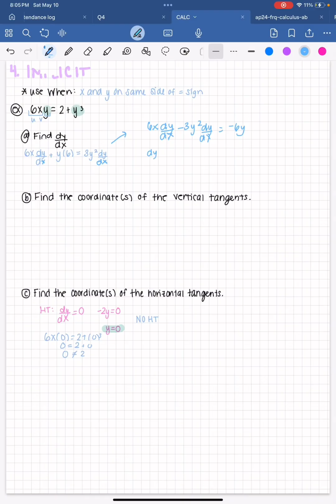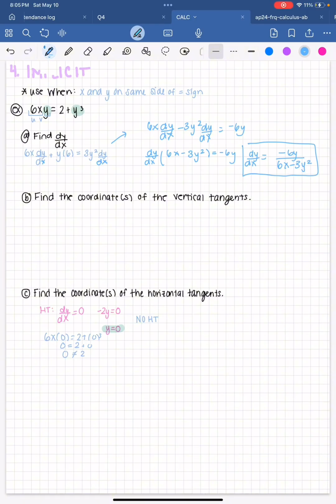You're going to factor out the dy dx, which gives you 6x minus 3y squared. And then you're going to divide by the parentheses to get negative 6y over 6x minus 3y squared. And you could reduce that if you want to by dividing everything.